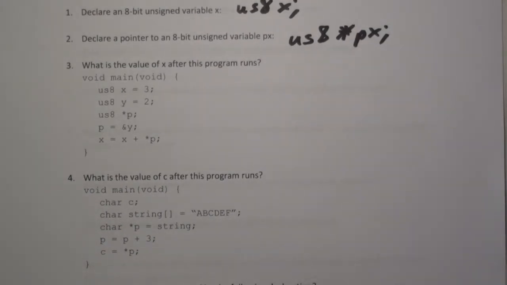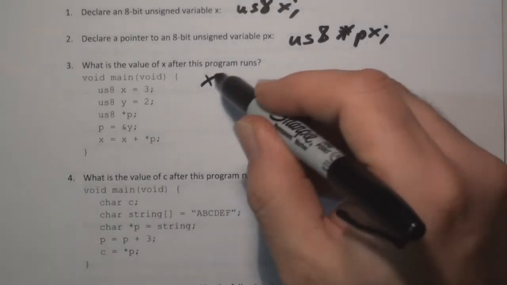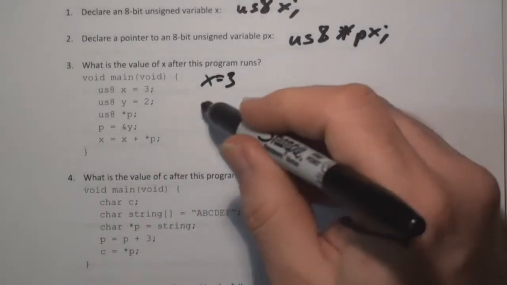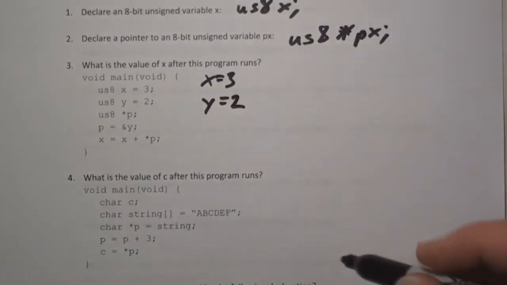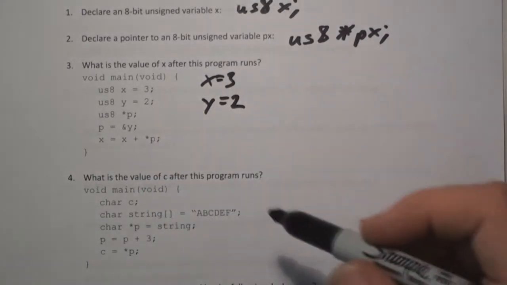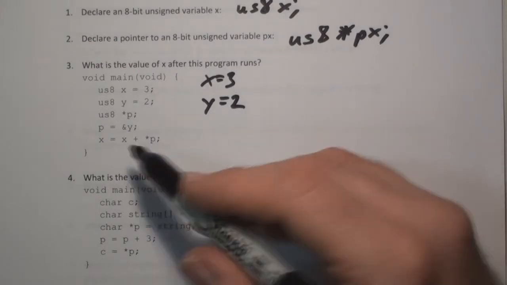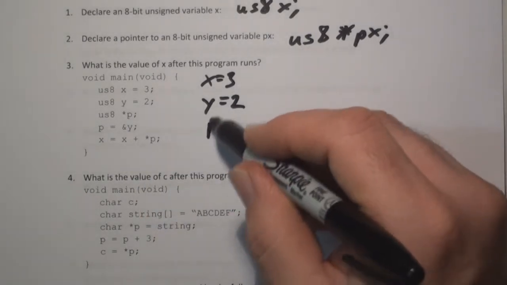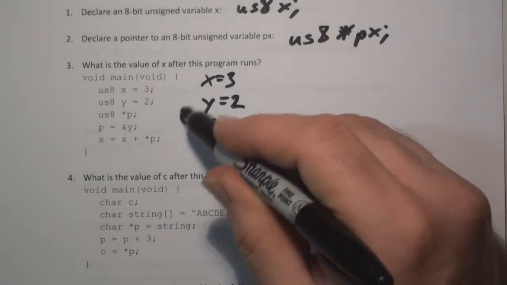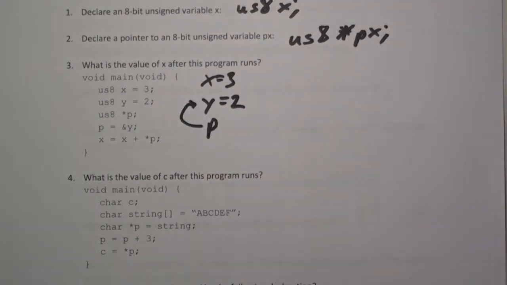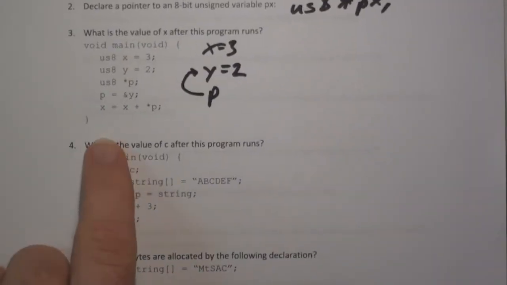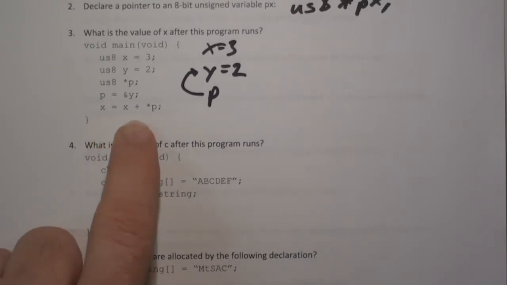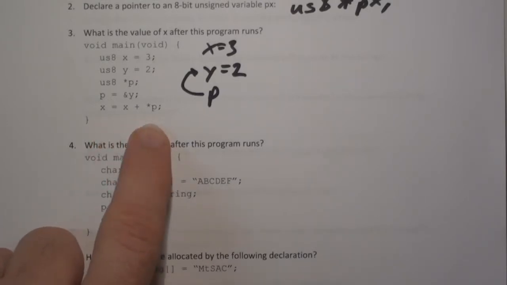What is the value of x after this program runs? So x starts out at 3, and it says y is equal to 2, and p is a pointer, and it points to the address of y, so p is pointing to y. And then the statement is, x equals x plus the value pointed to by p.